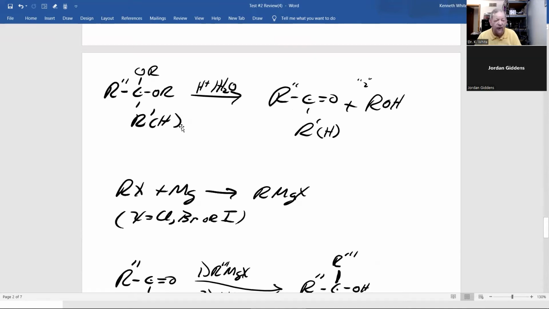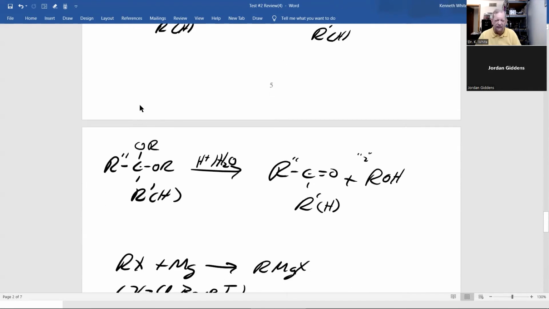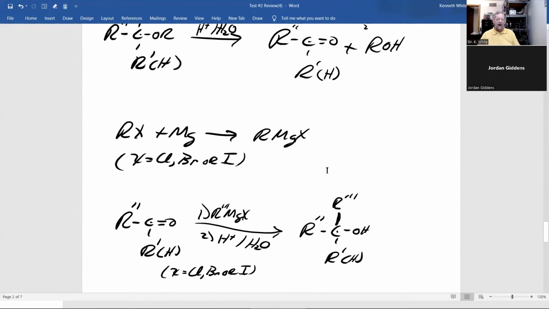All right, if you have an acetal or ketal, and both of these give the same product, the key is carbon with two oxygens single bonded to it. Carbon with two oxygens single bonded to it. And here we get back the aldehyde or ketone plus the alcohol you would have used to make that. All right, let's move on.